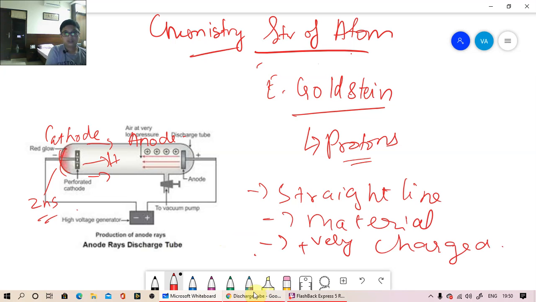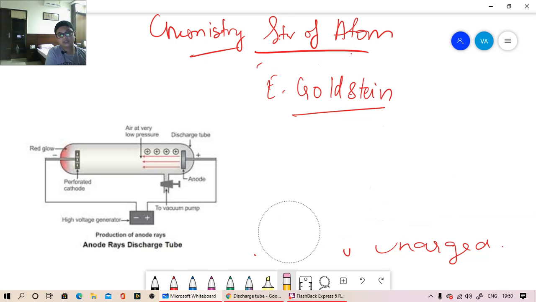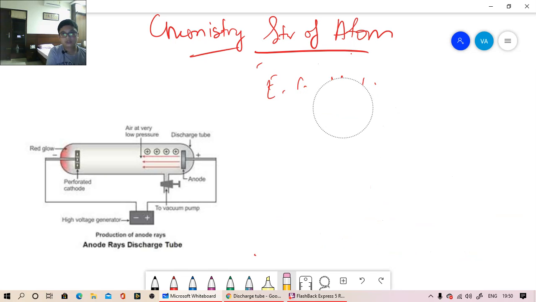Very simple. So, using the discharge tube experiment, we got to know about the discovery of electrons and protons, right? Instead of a perforated cathode, they used a normal cathode in the cathode rays discharge tube experiment, and they used normal air instead of hydrogen, whereas here they have used a perforated cathode and hydrogen.